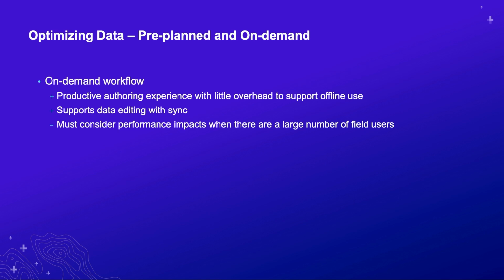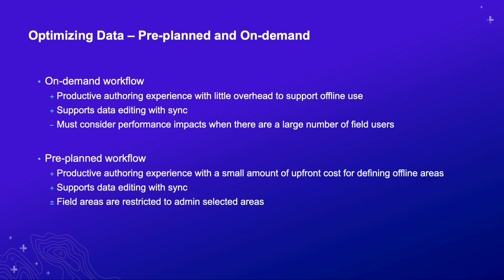And that requires back-end database access. It requires a server to process and package up these maps, and then the clients to download them. So there's quite a lot of work. And so it doesn't scale to thousands of users going offline in the morning. Tens to 100 or so, there's usually no problem with it. But for thousands of users, the on-demand workflow isn't the one you should be considering.